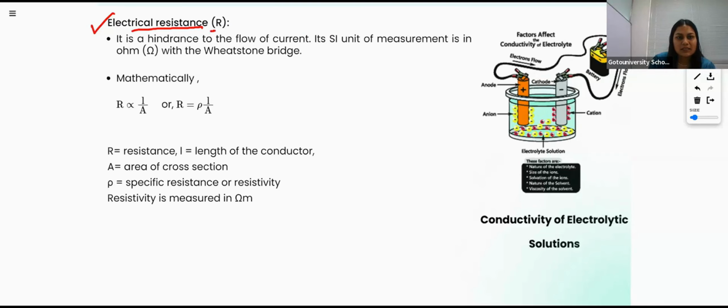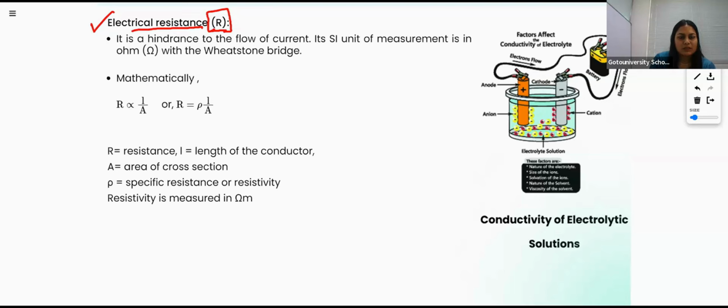It is denoted by capital R. If you can read the definition here, it is a hindrance to the flow of electric current. The SI unit of measurement of electrical resistance is ohm.